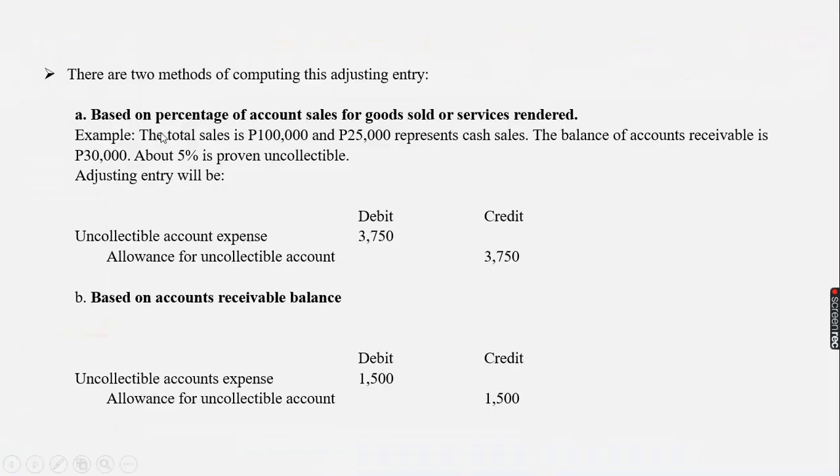Sabi kasi niya, based on percentage of account sales for goods sold or services rendered. Sabi niya, about 5% is proven uncollectible. So, yung balance mo sa accounts receivable mo is 30,000. So, tingnan natin yung 5%.